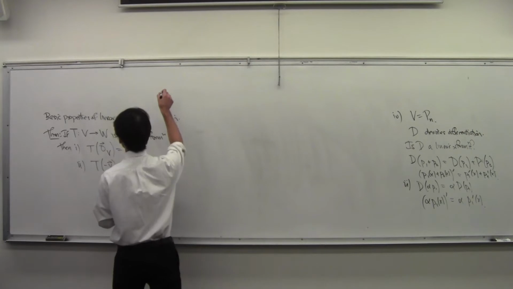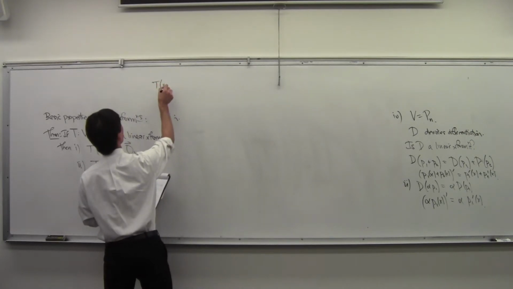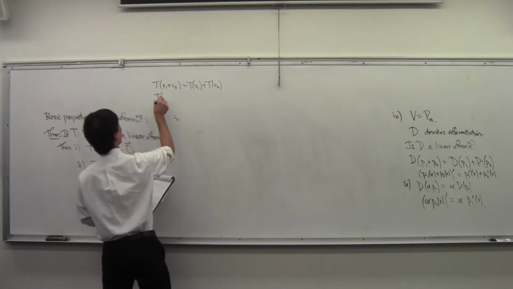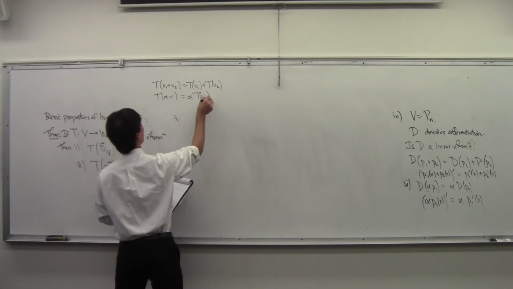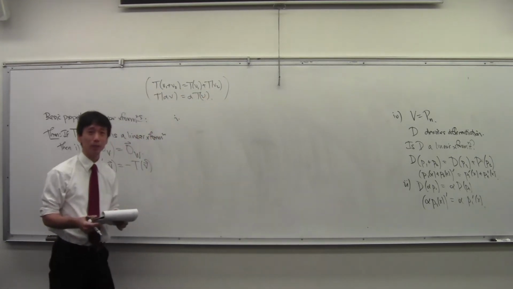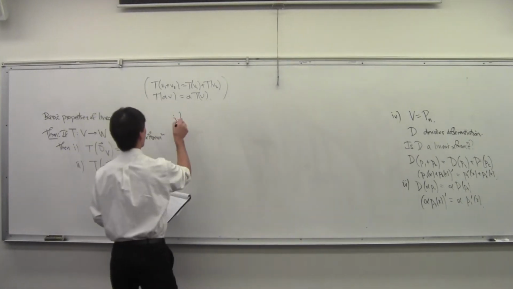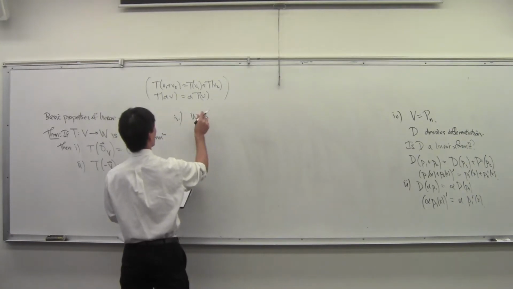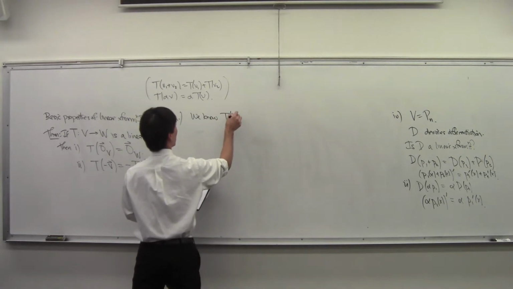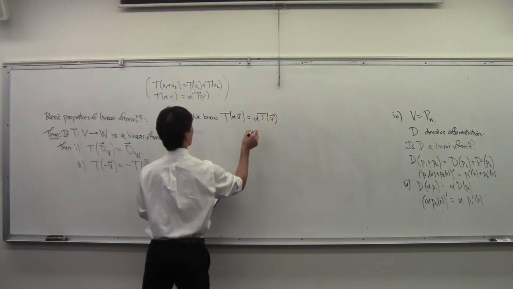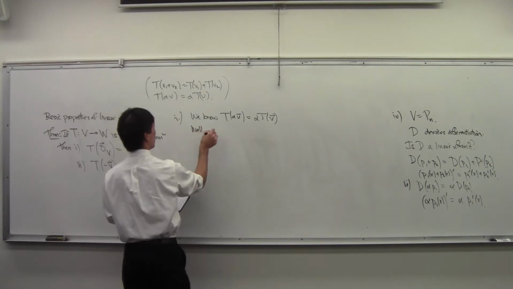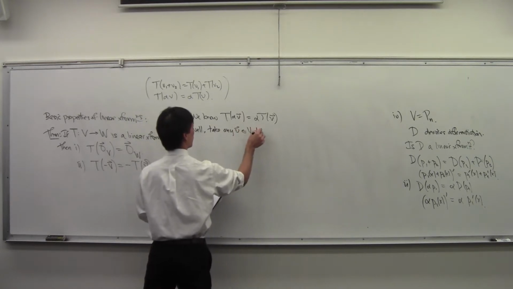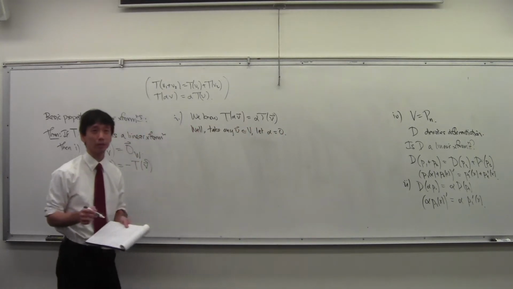Remember we have only two properties: T of V1 plus V2 equals T of V1 plus T of V2, and T of alpha V equals alpha T of V. Those are the only things we know about our transformation, so we have to use these. We'll use the second one: T of alpha V equals alpha times T of V. Take any V and let alpha be 0.